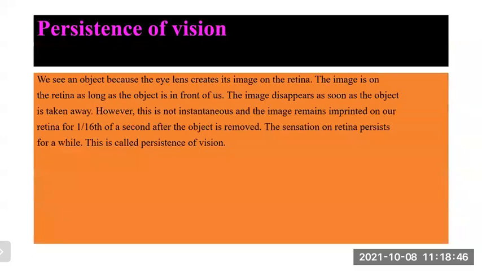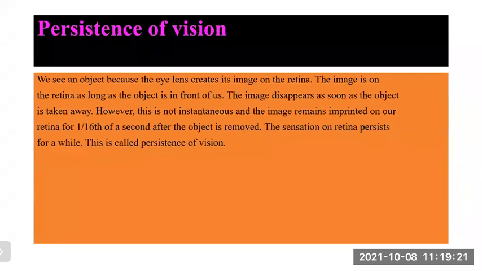Now, next topic we have is the persistence of vision. As dear students, we can see an object because the eye lens creates its image on the retina. Therefore, we are able to see the object. Now, the image is on the retina as long as the object is in front of us, and the image disappears as soon as the object is taken away.